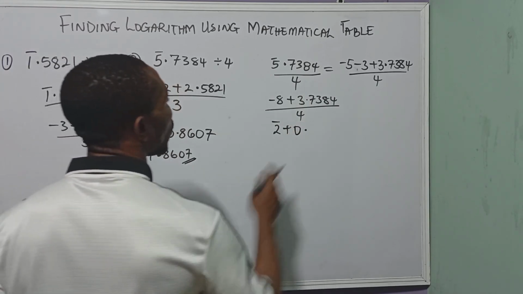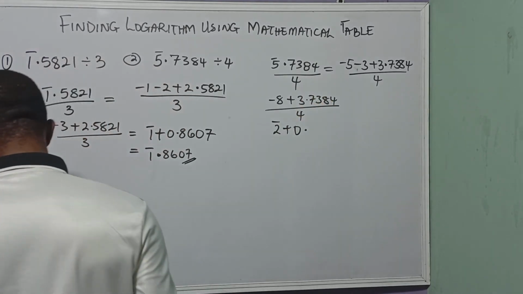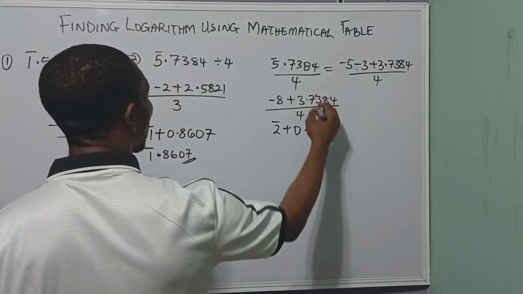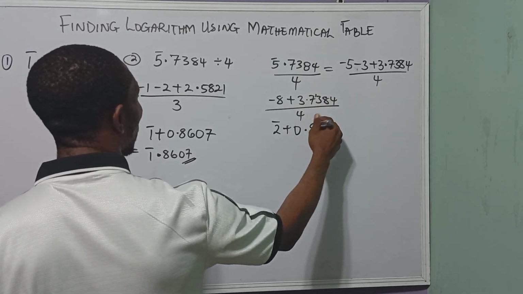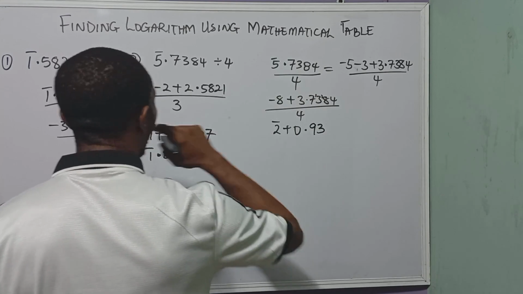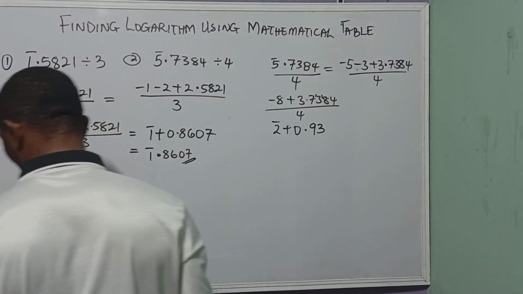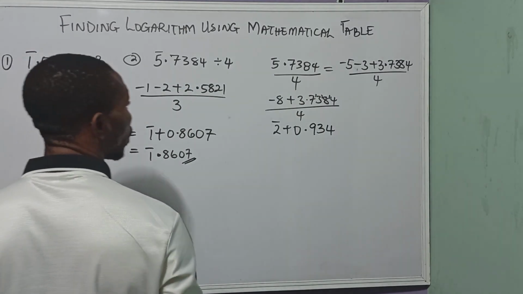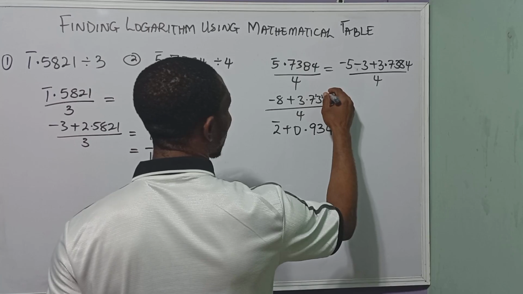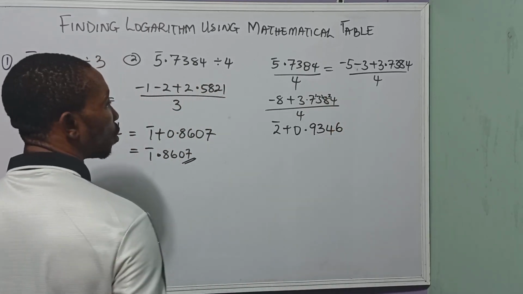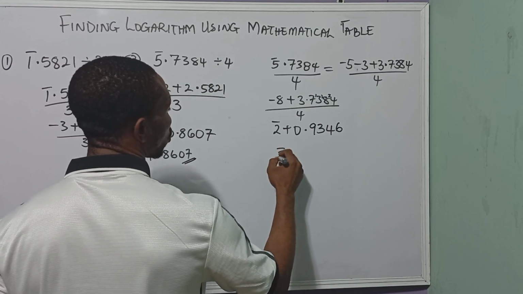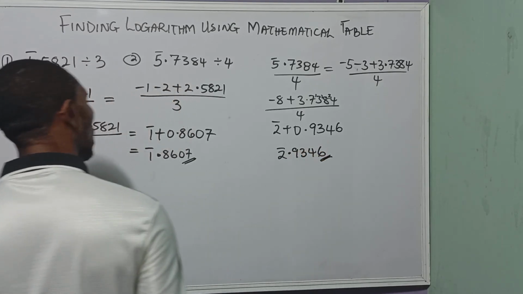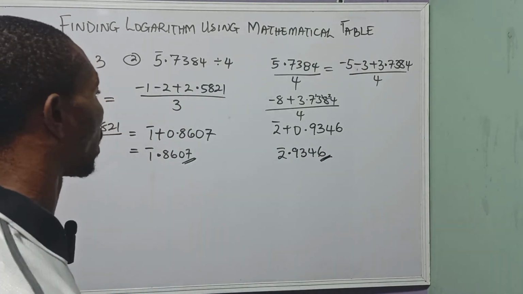Alright, now 4 into 37 will give us 9, which is 36. Carry 1 into 13 will give us 12. That's 4 times 3, 12. Into 18 will give us 4 times 4, 16. That is 4. Into 24 will give us 6. Okay, so when we add it up, it will become a minus 2.9346 as our answer. Minus 2.9346.